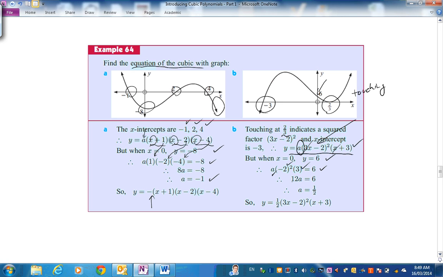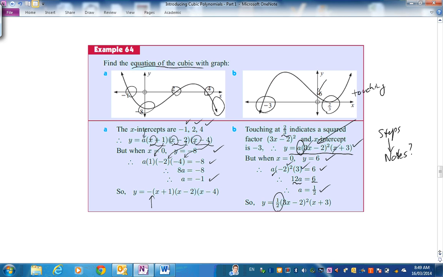So multiplying all that out on the left, 12a equals 6. A is a half. So we have the family member a half, (3x - 2) squared (x + 3). So there are steps here. Do you need to note them down? Perhaps, so that you try to remember them.